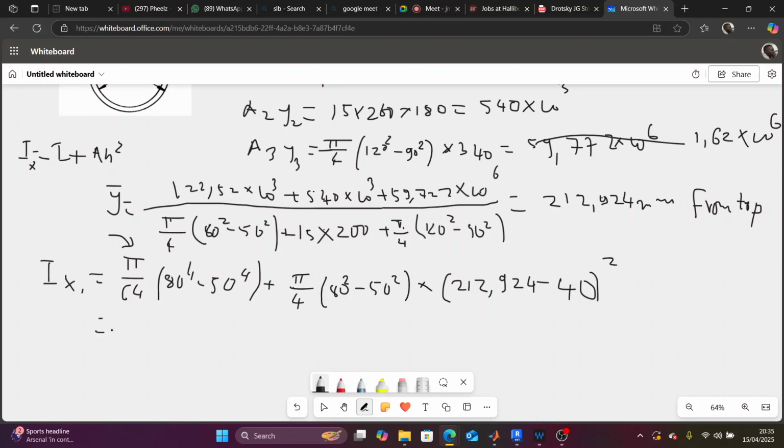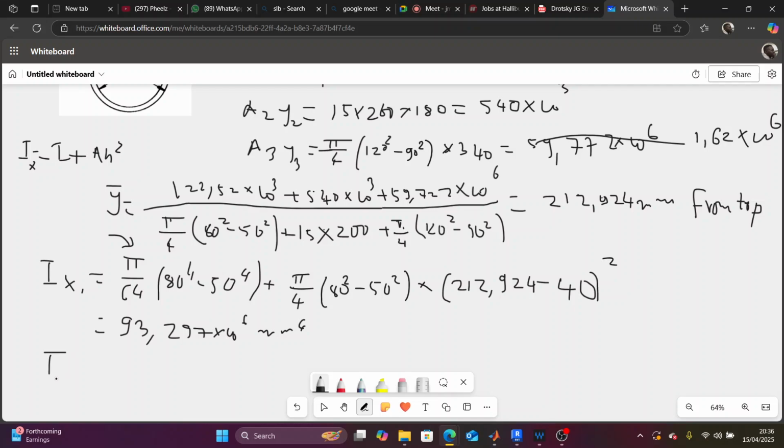What is the answer? Okay, the answer is 93,297 times 10 to the 6, which is millimeter to the 4.